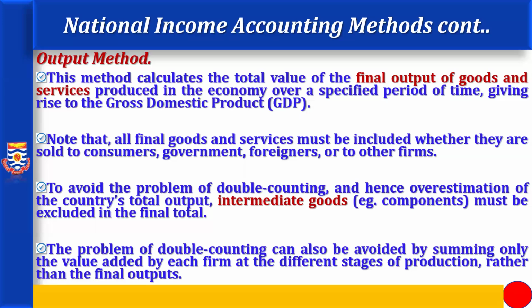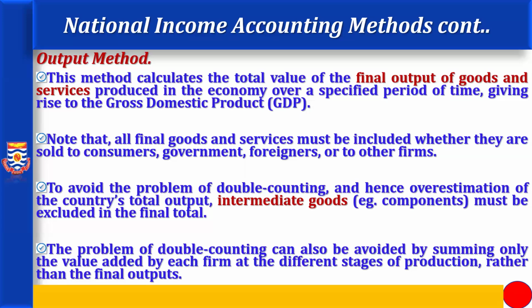And we are double counting, because the flour of 300 is already included in the bread of 500. So always, to avoid the problem of double counting, we need to take out intermediate goods.